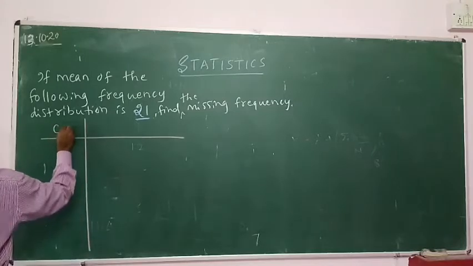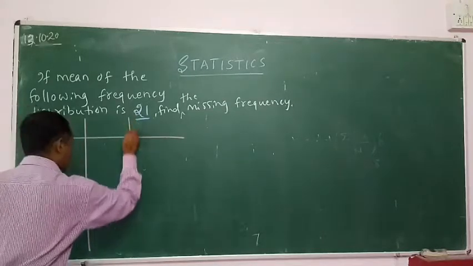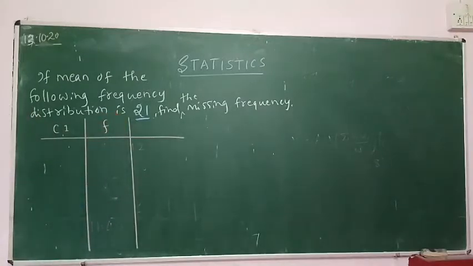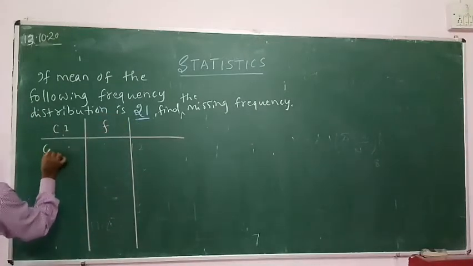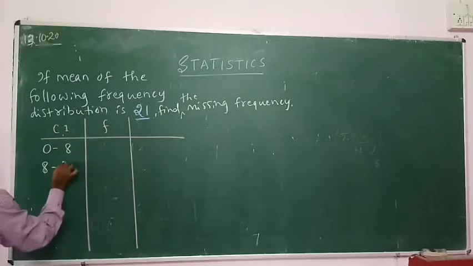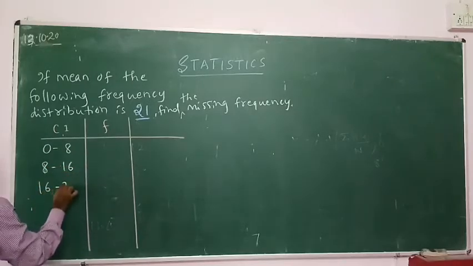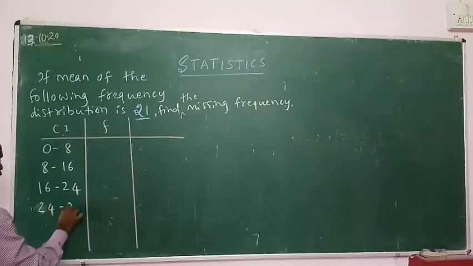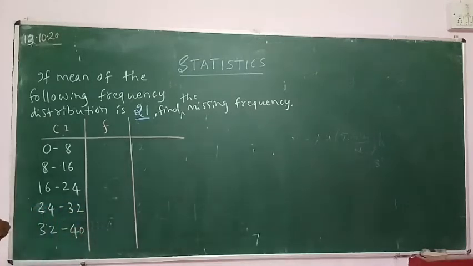Let us go for the first column as class interval and the second column as frequency. It is 0 to 8, 8 to 16, 16 to 24, 24 to 32 and 32 to 40.